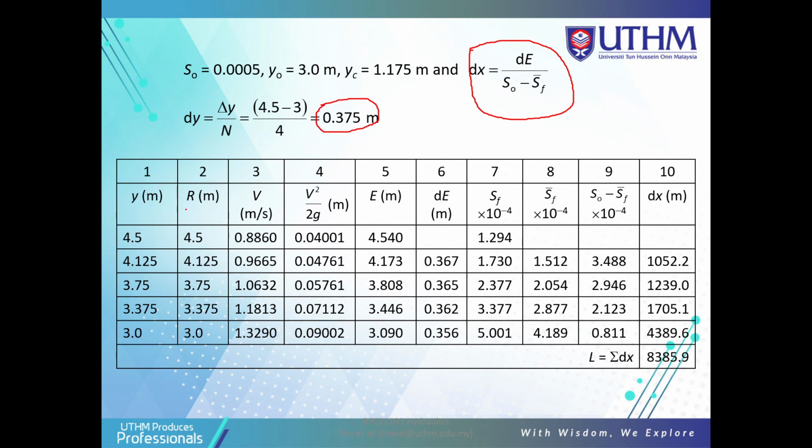Okay, and then you must find the R here. Okay, R for the wide channel. So R is equal to the y here, so this is the same value, for the wide rectangular channel.